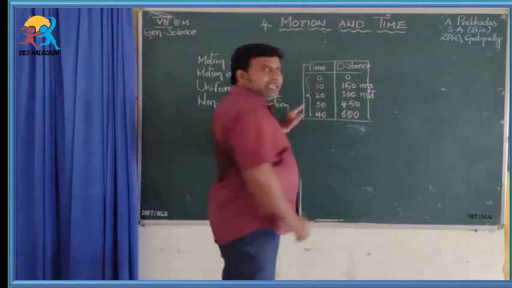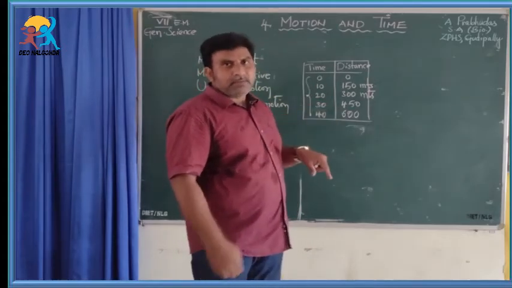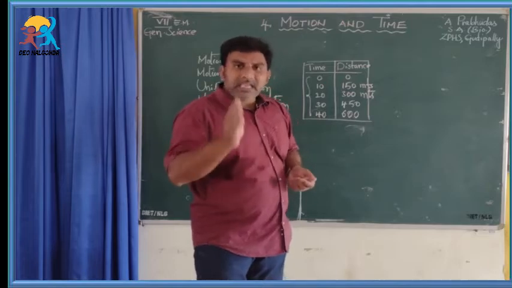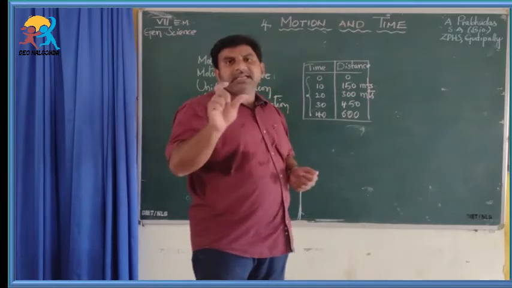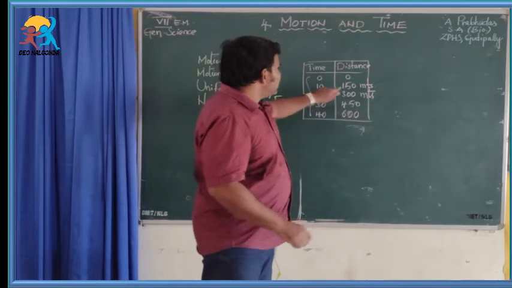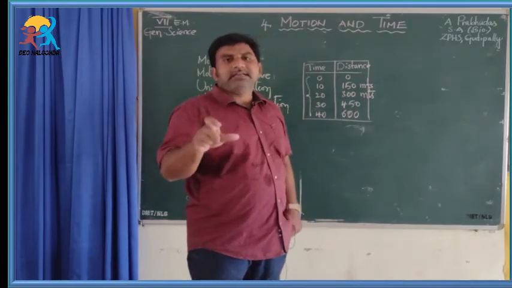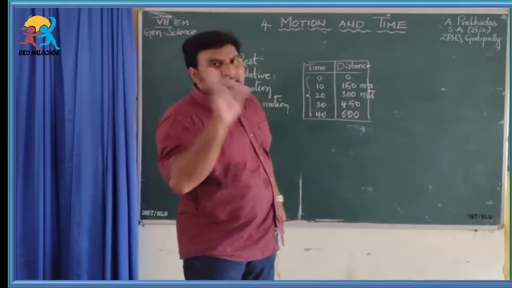So, at each interval of time the distance travelled by the car is equal. After every 10 seconds the distance travelled by the car is always 150 meters.